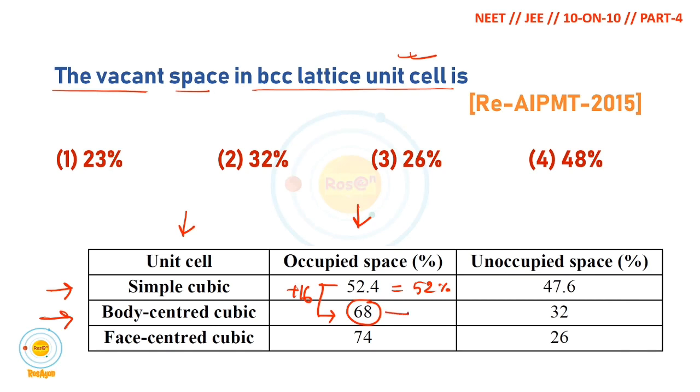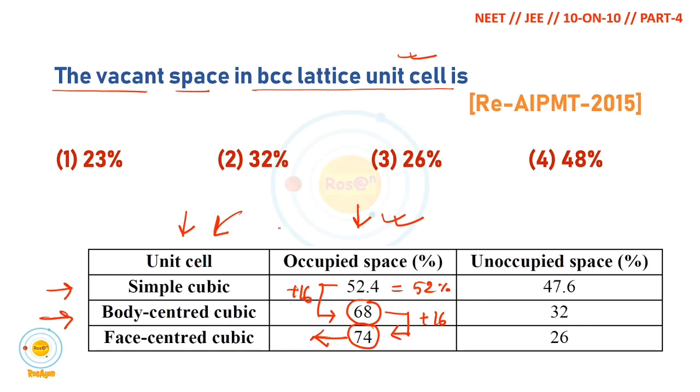And if again you add 16 to 68, you get 74%. That is the occupied space for the FCC unit cell. So by applying this trick, you can easily remember the occupied space for various types of unit cell.